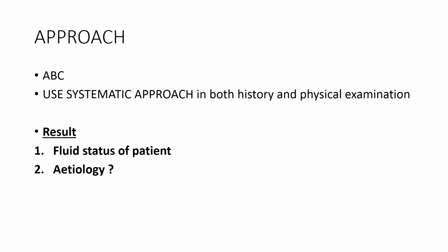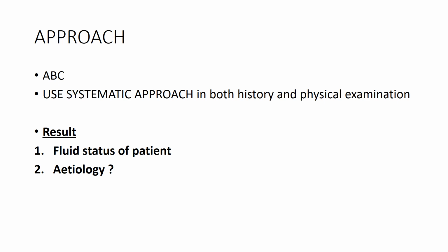So how do we approach a patient who we suspect has acute kidney injury? So as usual, we start with ABCs. We'll make sure that the patient's airway is clear. You may have a patient coming in unconscious, so you need to make sure there are no secretions. If there are, you suction them. You assess the breathing. Does this patient have pulmonary edema? How are they saturating?